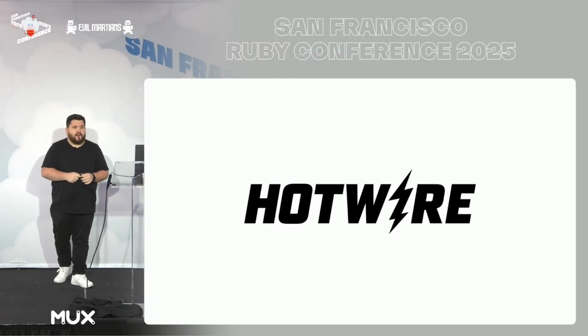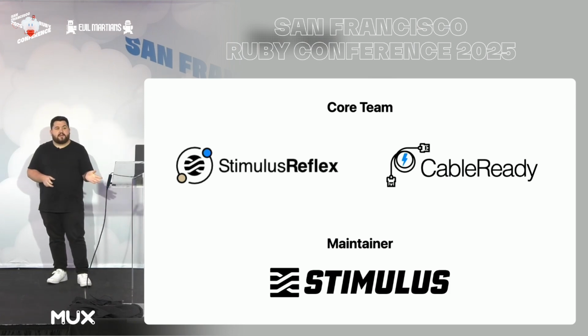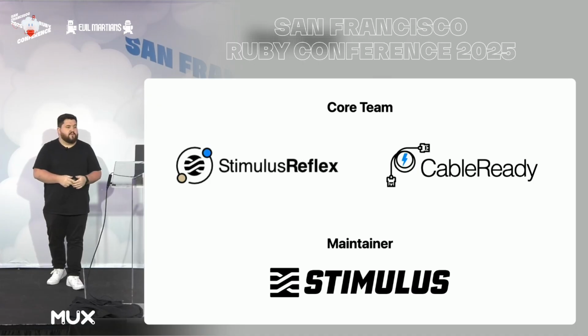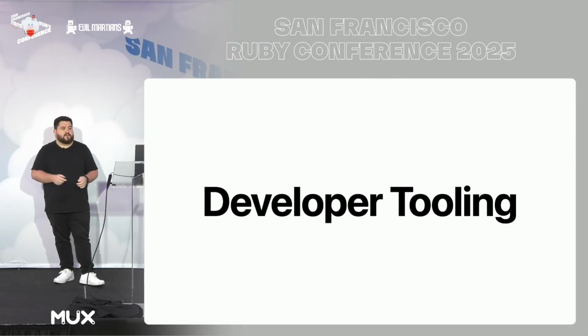Now, I have been working a lot in Hotwire and the surrounding ecosystem, and I have been on the core teams of Stimulus, Reflex, and Cable Ready, which are kind of the predecessor to the whole Hotwire movement. And I have been on and off maintaining Stimulus too. But one thing that was always core to it was the focus on developer tooling.